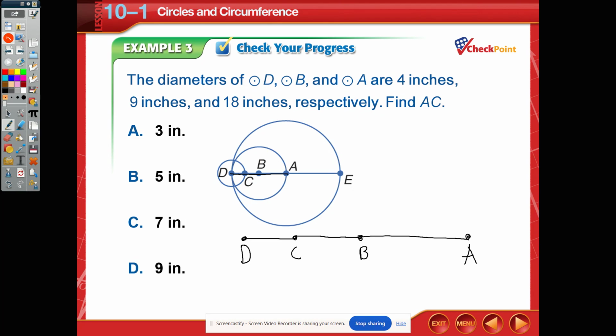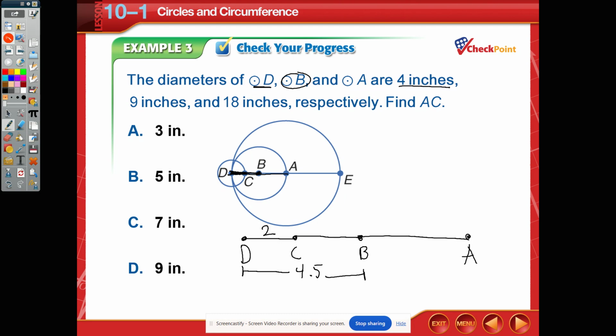These are diameters, and I'm more concerned with the radii. So I know the distance from D to C is the radius of that circle. And it says the diameter is 4, so the radius would be 2. So this measure here is 2. All right, what's the next circle? Circle B. B is the one that connects the center of D the whole way to B. So from here to here is half of 9, which is 4.5.